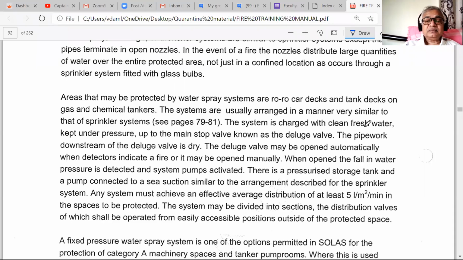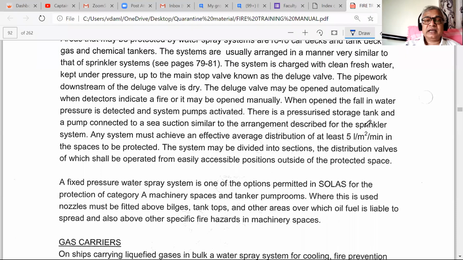And that means what happens is I get alarm first. I decide to use hypermist, means I open the valve. Moment I open the valve, there is a drop in pressure and the pump starts automatically and starts pressurizing and it reaches the end, where I open the final valves which are connected to the nozzles and we start spraying water all over.